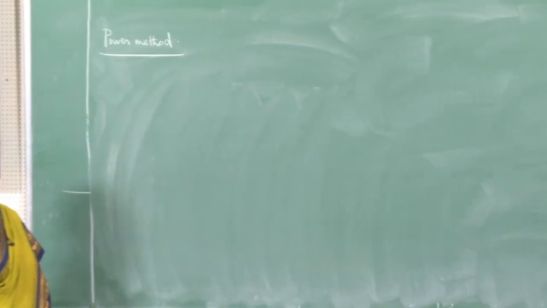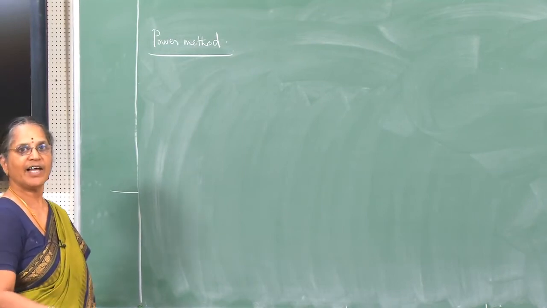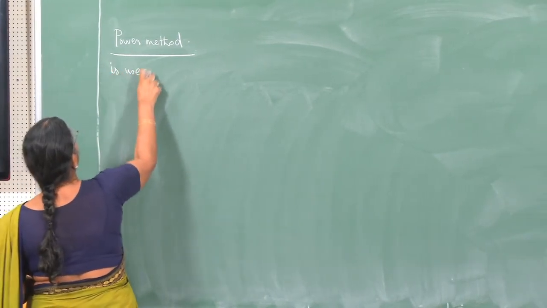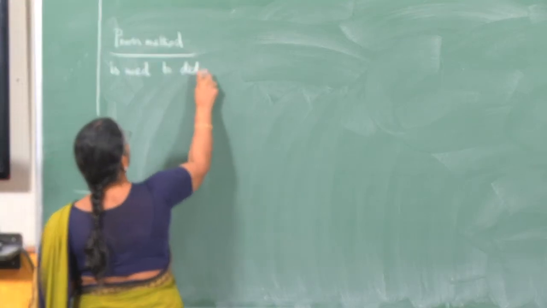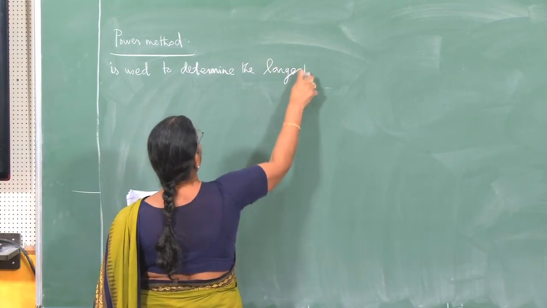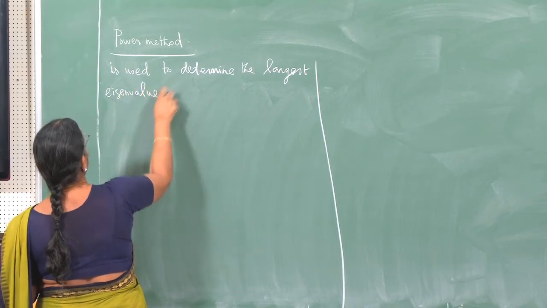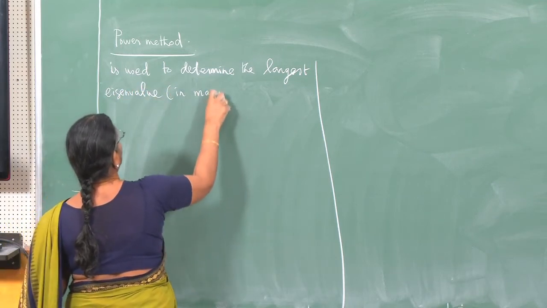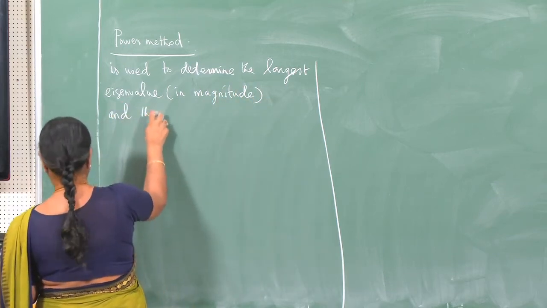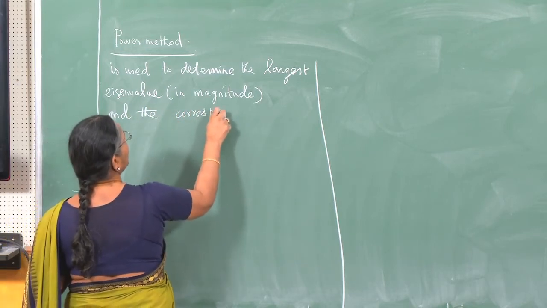The power method is used to compute numerically the most dominant eigenvalue of a given matrix. And it also helps us to obtain the corresponding eigenvector.